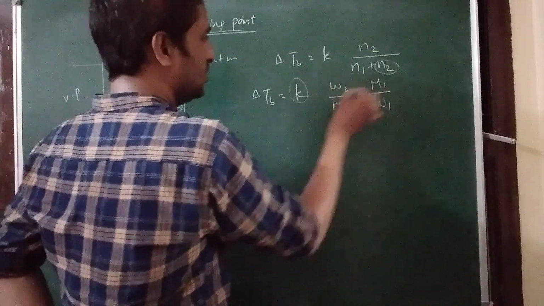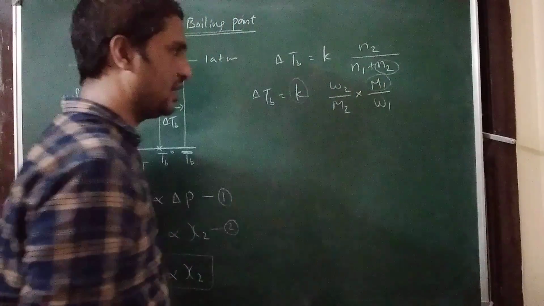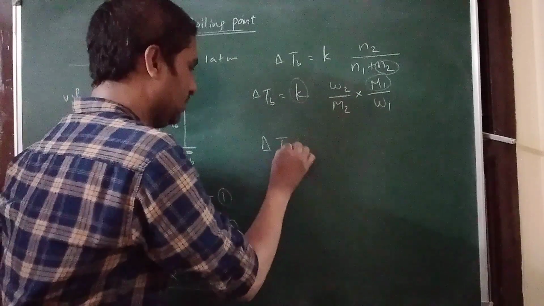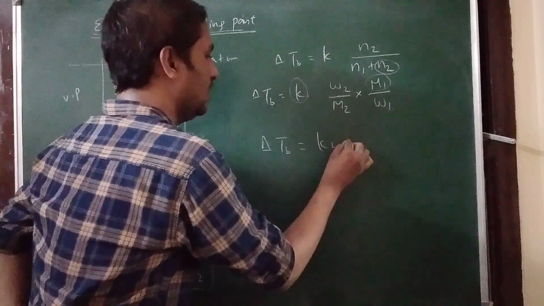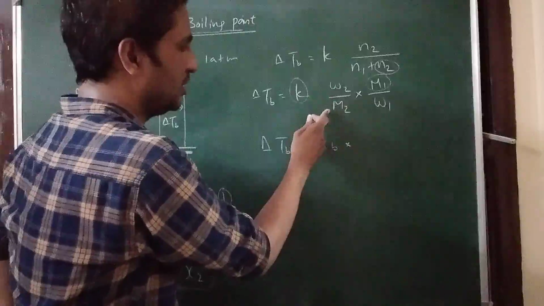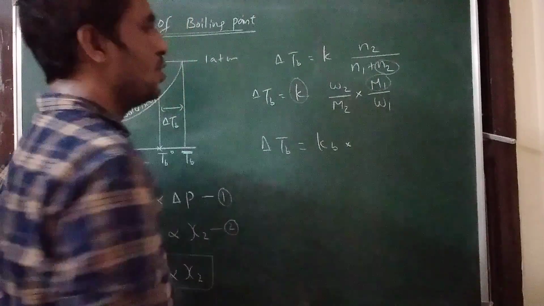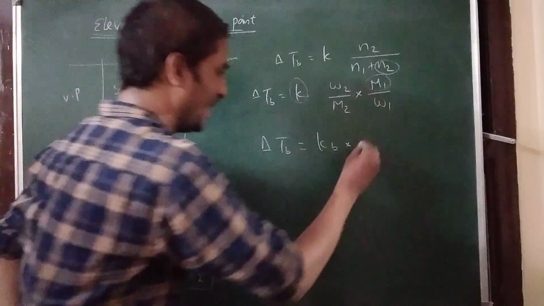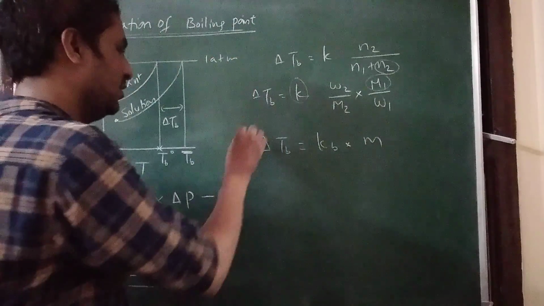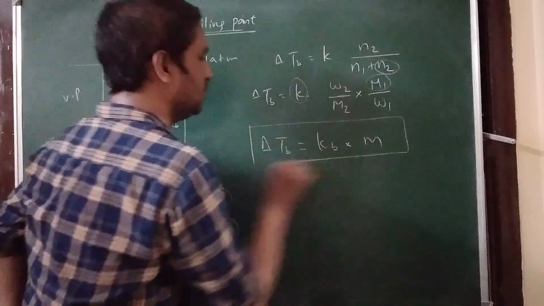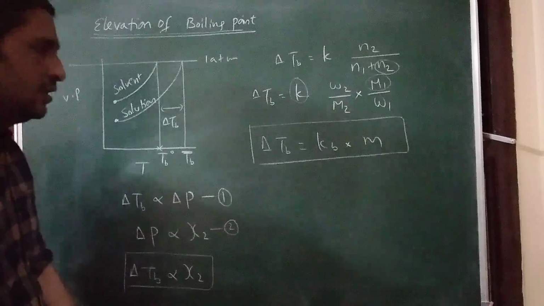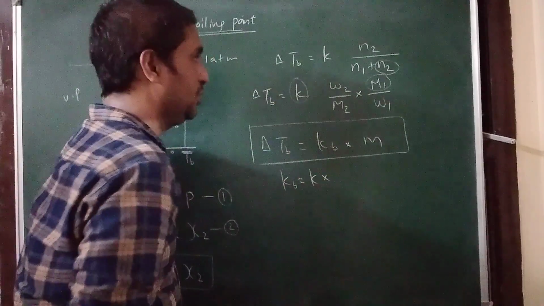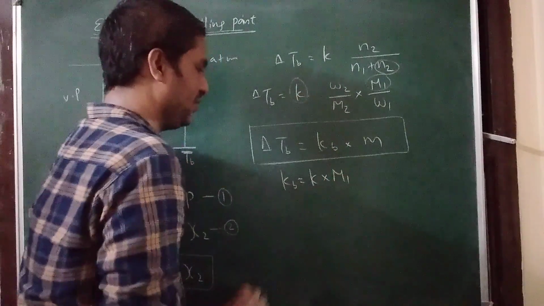This proportionality constant into the molecular weight of the solvent is taken as a new constant KB, and weight of solute by molecular weight of solute into 1 by weight of solvent in kilograms is molality. So delta TB is equal to KB into molality. Here KB is nothing but the proportionality constant into the molecular weight of the solvent.